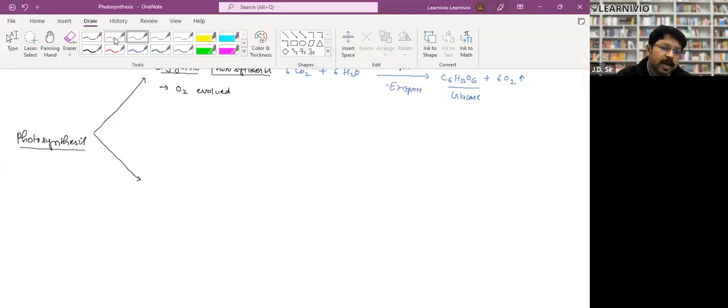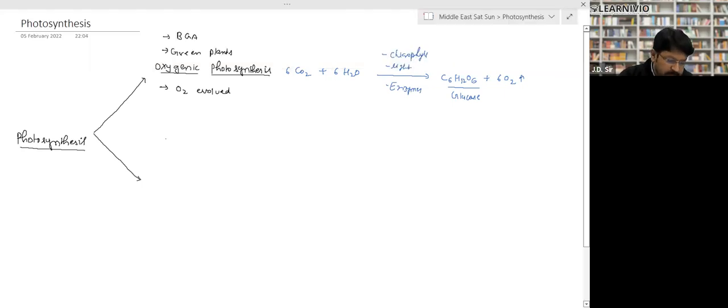Another photosynthesis is where oxygen evolution does not take place. Sorry, this is 6CO2, this is the older version.